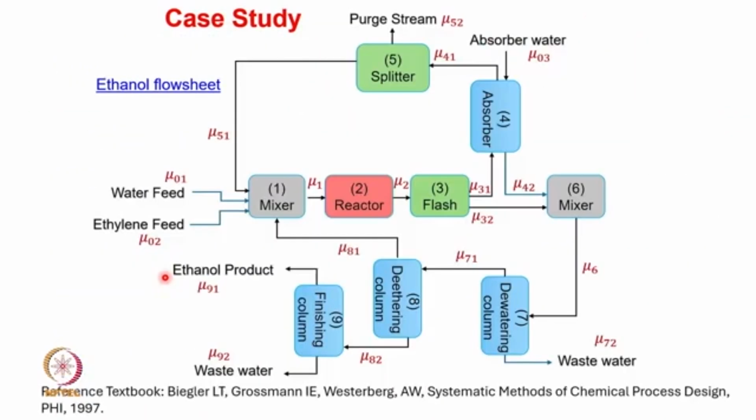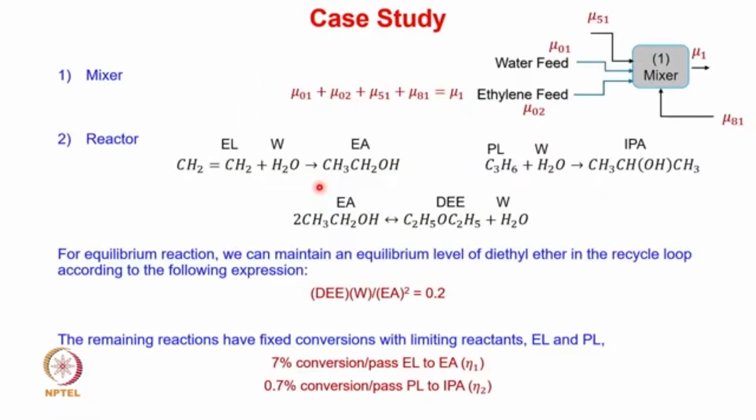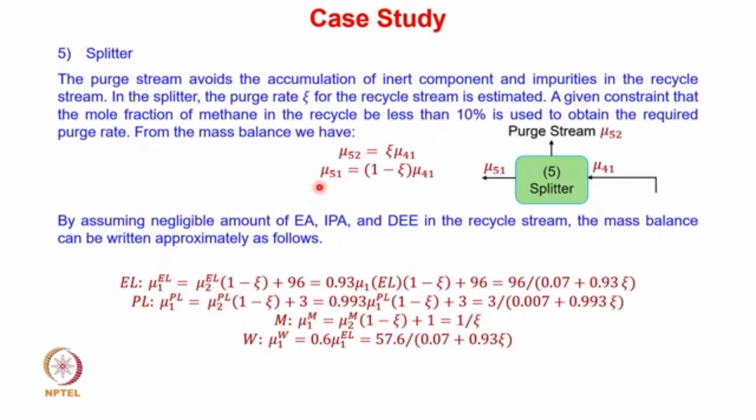If I go back and look at the figure, mu1 EL is nothing but the ethylene which is present in this particular stream mu1. Whatever is the value of ethylene in mu1 is the fresh ethylene we have fed plus whatever is coming by the recycle, isn't it? So mu1 is the molar flow rate coming out from the mixer. mu1 EL is the ethylene fed to the reactor.